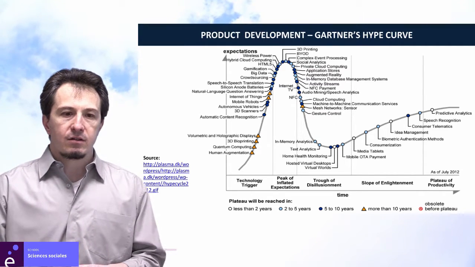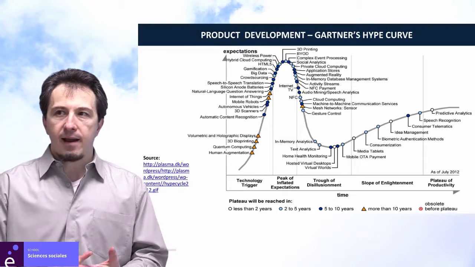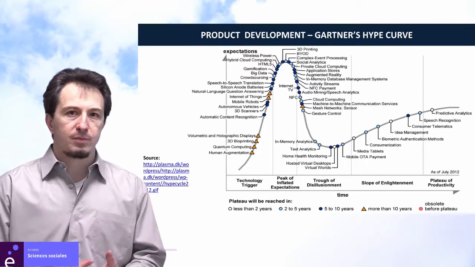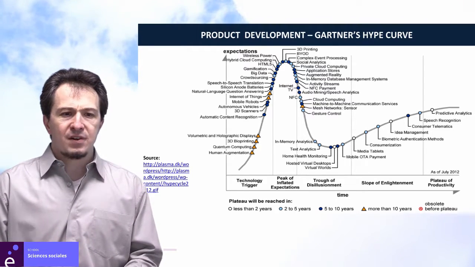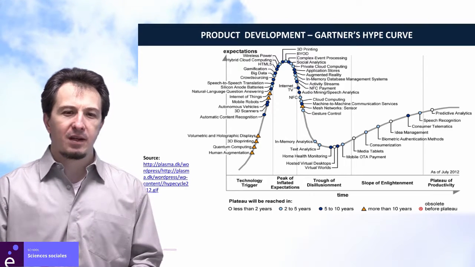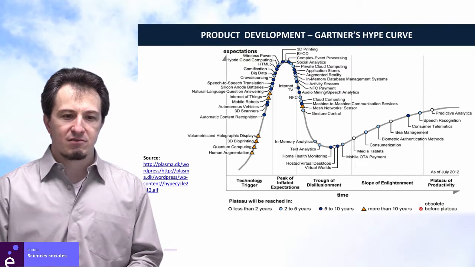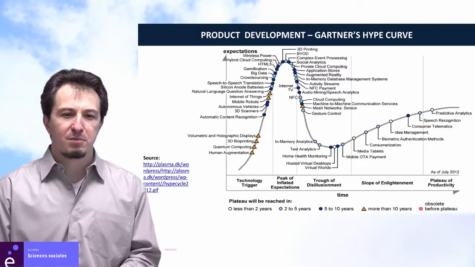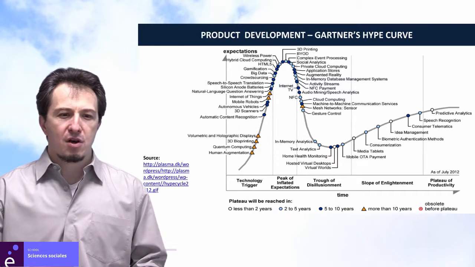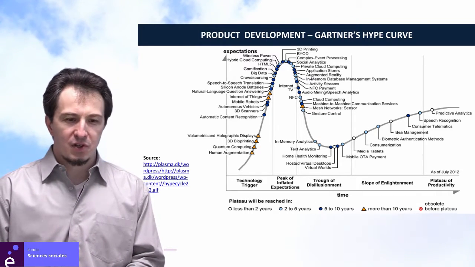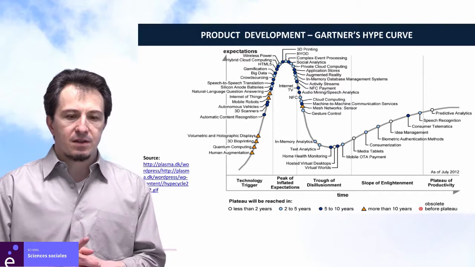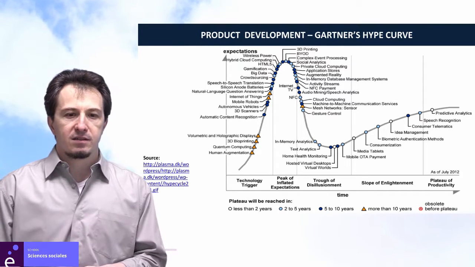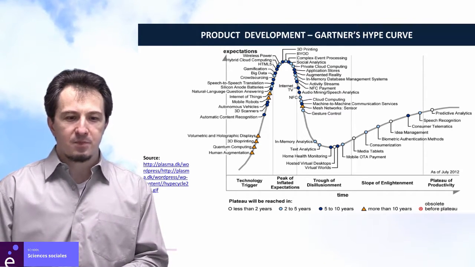which means that when you have a new discovery and it becomes well known to people, you first have a big hype, meaning high expectations. Really, everybody thinks that this is going to revolutionize the world and so on. So this peak, you see it here in this diagram.